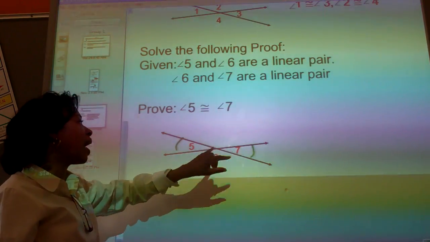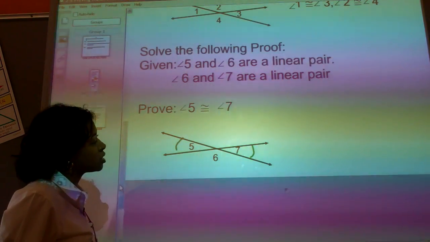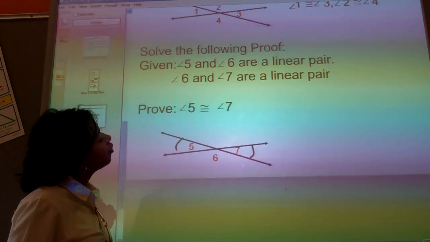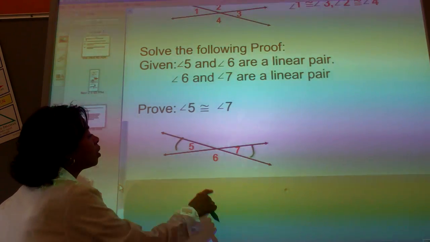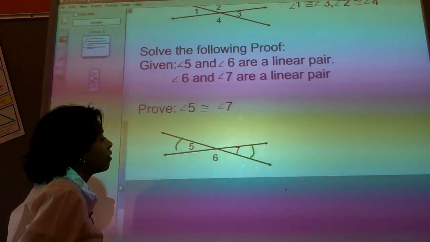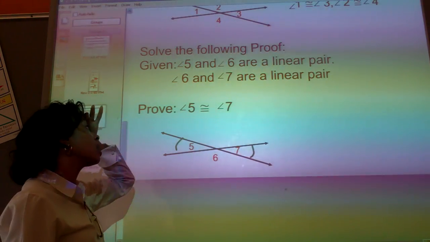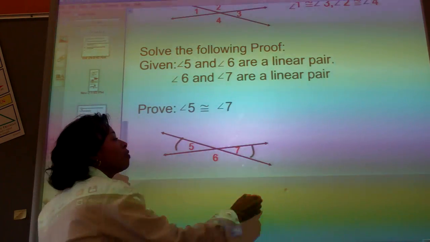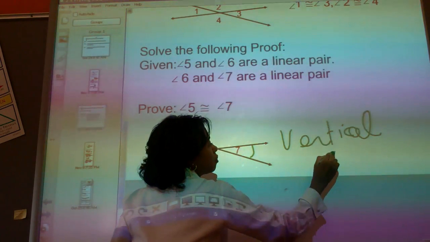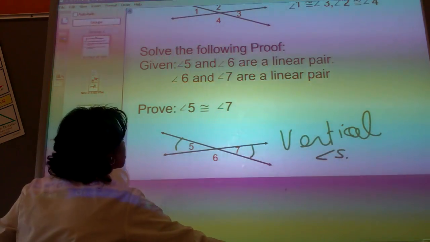I mark up my diagram, which leads me to step 3: write down the definitions, postulates, and theorems that will let me prove that angle 5 is congruent to angle 7. When I look at this drawing and I've marked it up, I immediately say to myself, wow, that looks like vertical angles. And vertical angles are congruent. Now I just need to prove this.